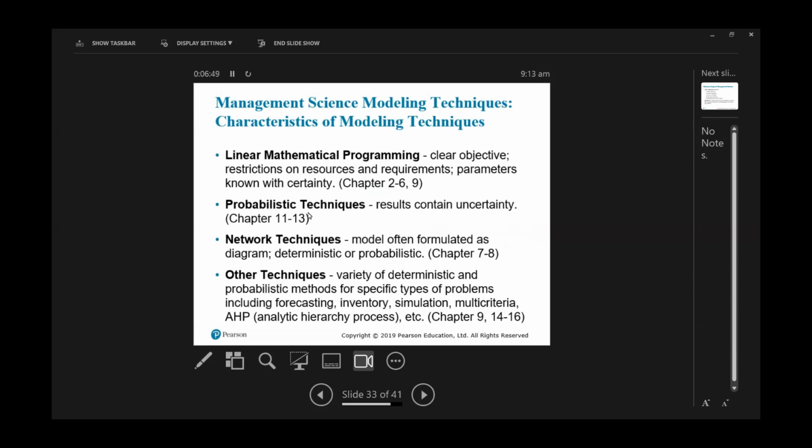First, linear mathematical programming. These models usually require the statement of a clear objective. And we would recall from last week that an objective can be to maximize profit or to minimize cost. So that you maximize or minimize your objective under restrictions, which we call constraints.